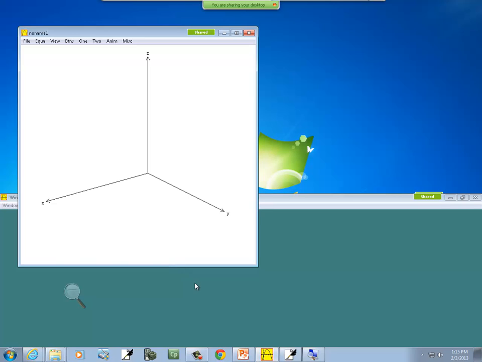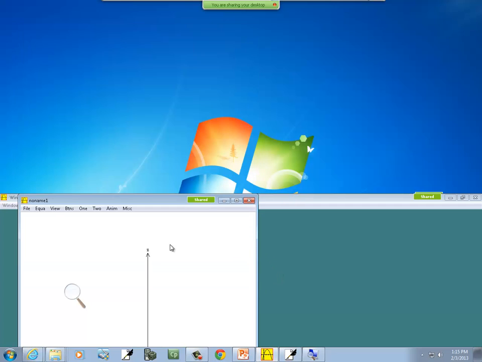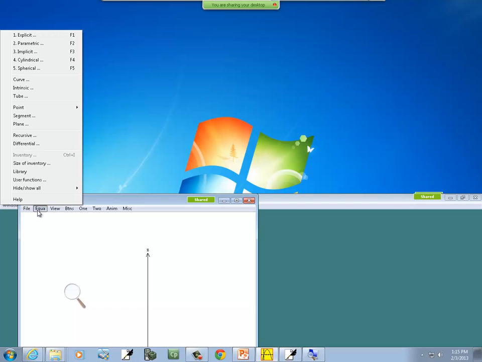And there we go. So I'll come up here, choose equation. I'll probably just do one of these to show you how to plug it in.